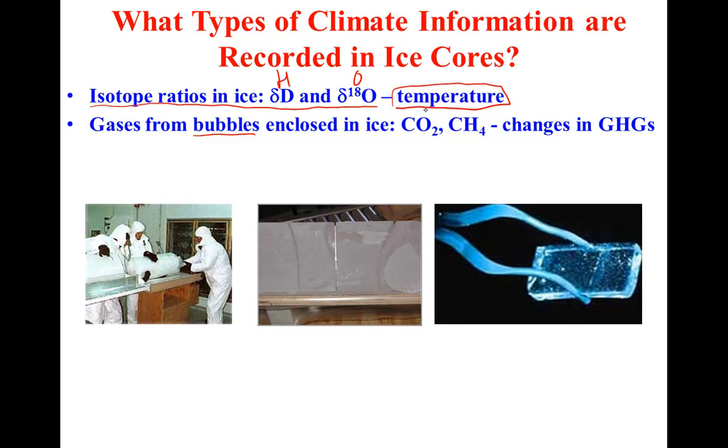We can melt those bubbles down in a vacuum, extract the gases, and measure the concentrations of atmospheric gases that we might be interested in, like the greenhouse gases carbon dioxide and methane, to see how the concentration of CO2 and methane in the atmosphere have changed over time due to a variety of different processes.